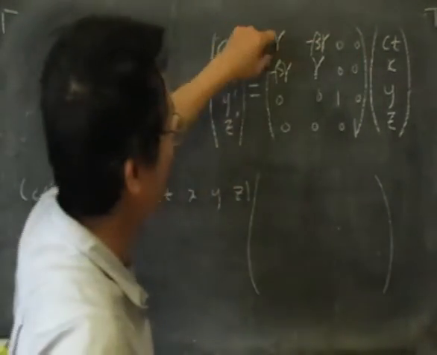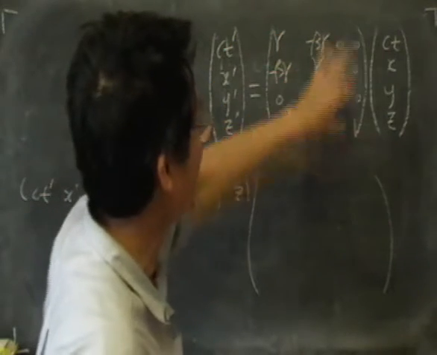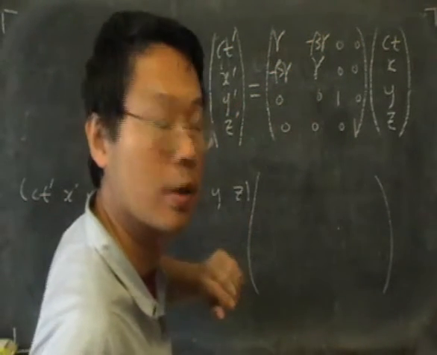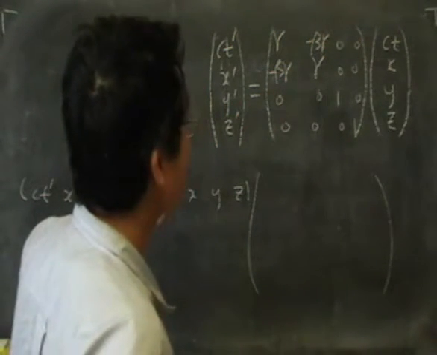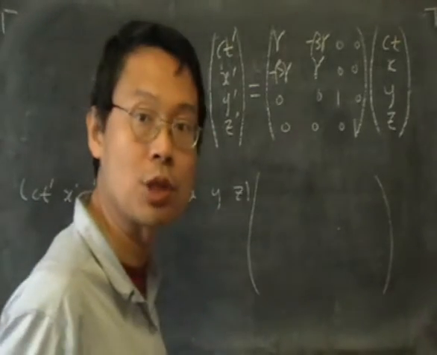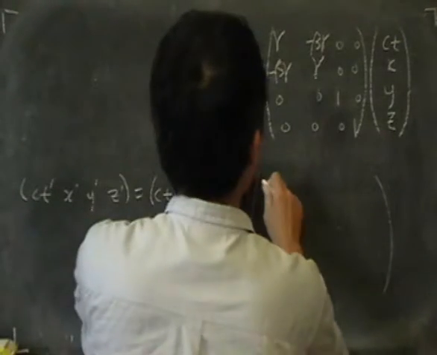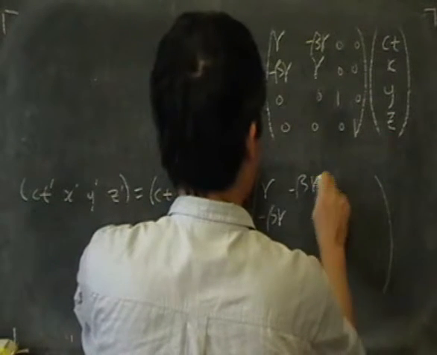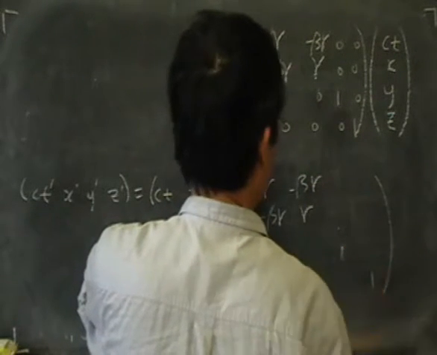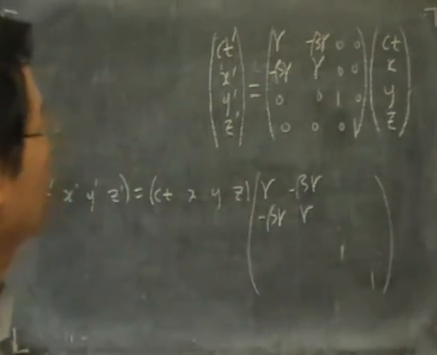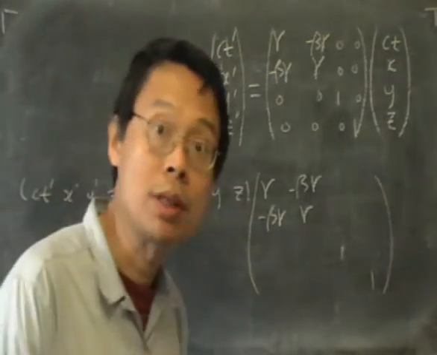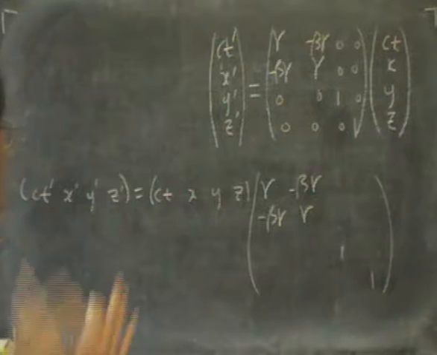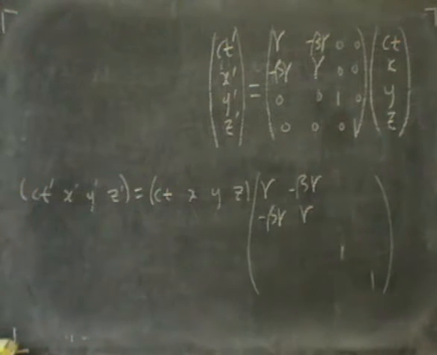Now, if you look along the diagonal, the matrix is symmetrical, so the transpose is just the same. I shall not bother about writing the zeros. So that's what you get if you take the transpose.